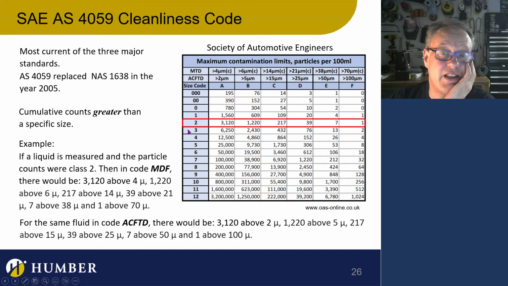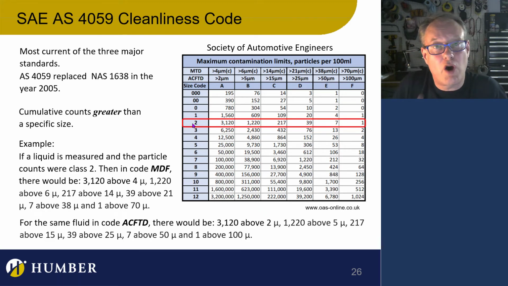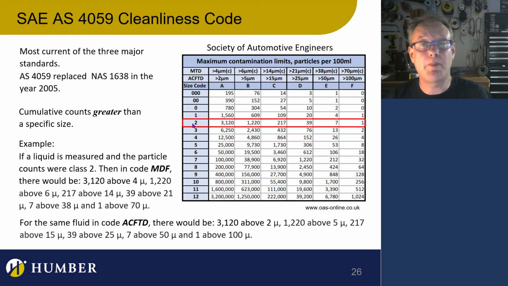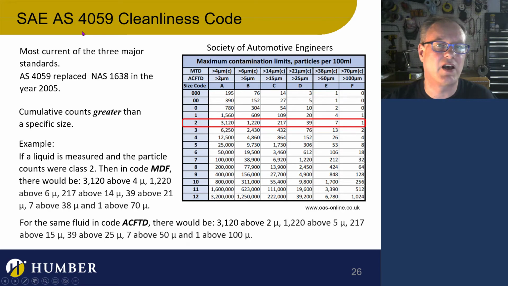You could see a number 2 in the cleanliness code on a particular part, or if you get your fluid tested and it comes back, they may say it's an AS code, or SAE code, but often you'll just see AS 4059. You won't see the SAE.